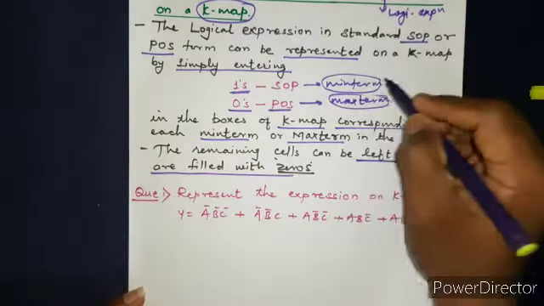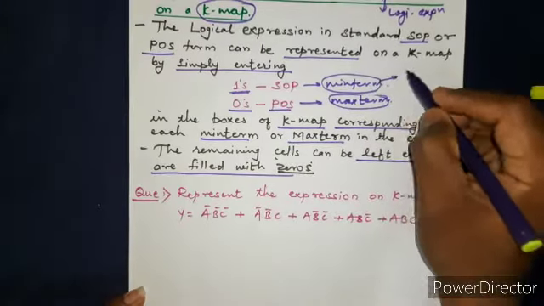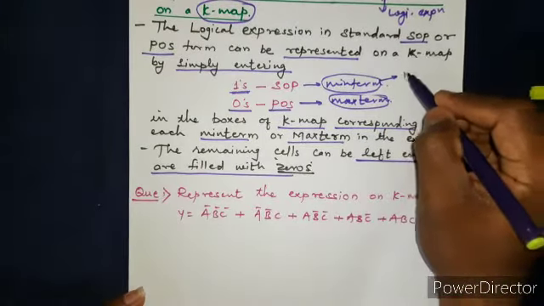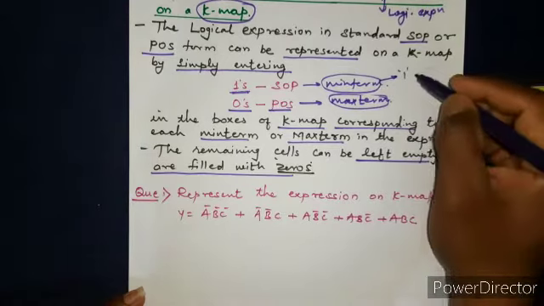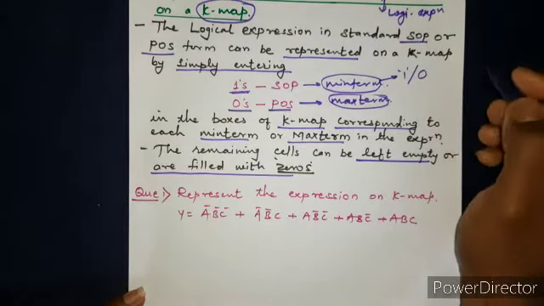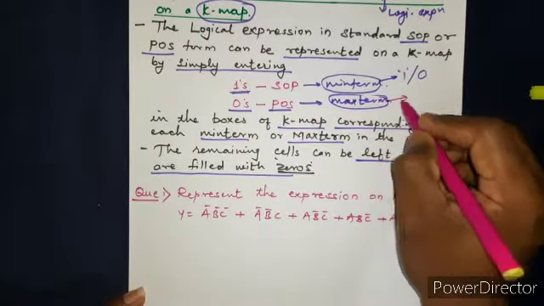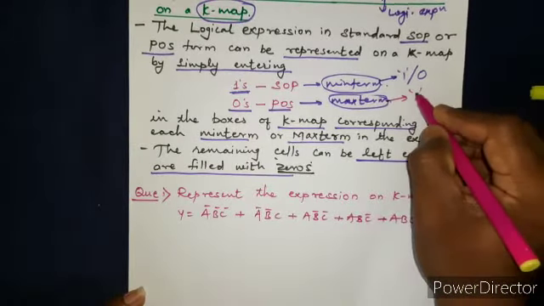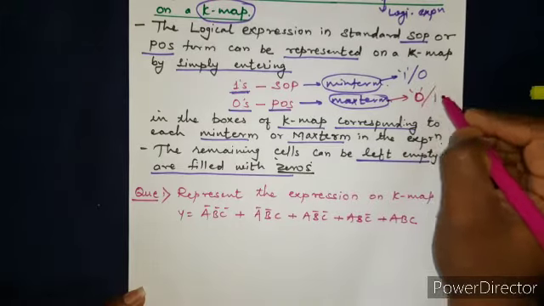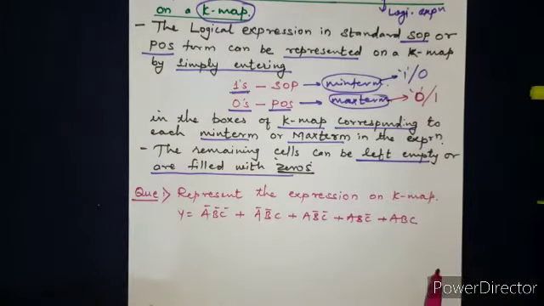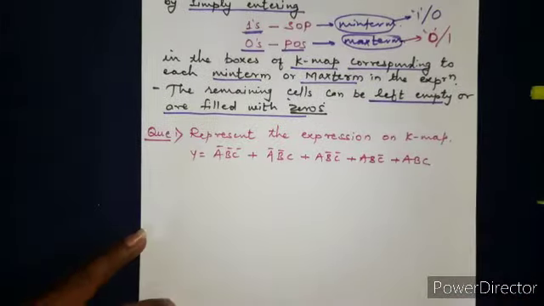Now, if you are considering SOP, then each min term is represented by 1, and other cells are left 0, right? Other way around, if you are considering POS, each max term is represented by 0 and other cells are filled with 1. Okay, let's see an example here.